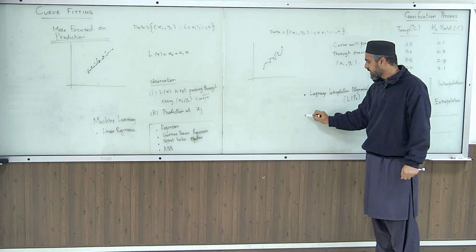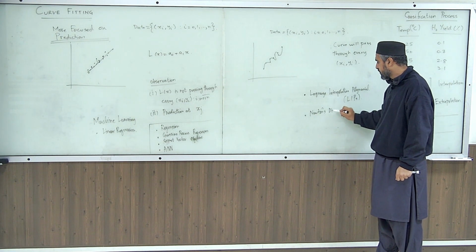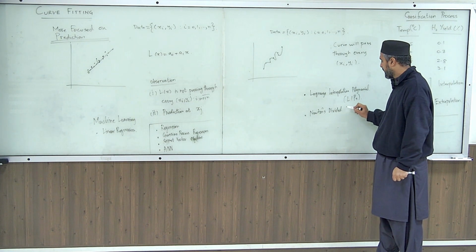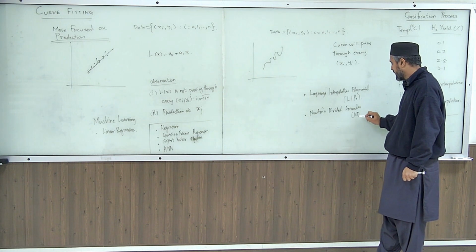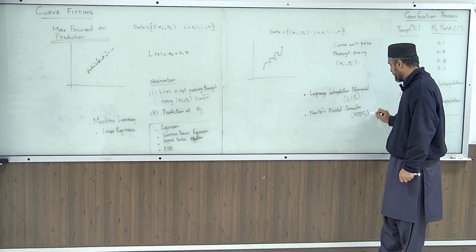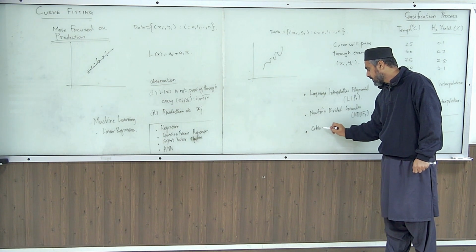And we have Newton's divided difference formula. There are different formulas, usually called NDDFs. We have backward, forward, and central approaches. We have cubic splines.